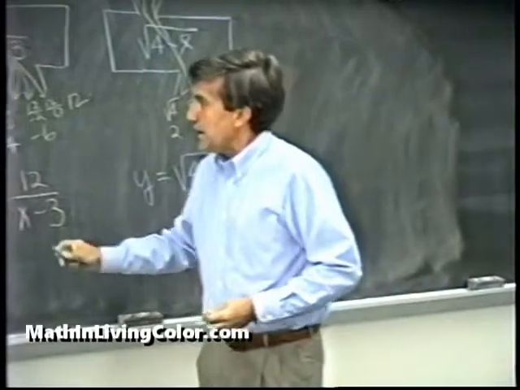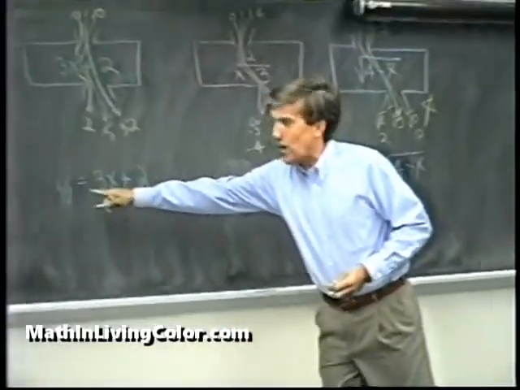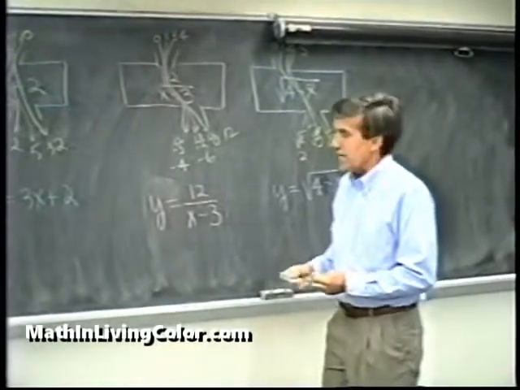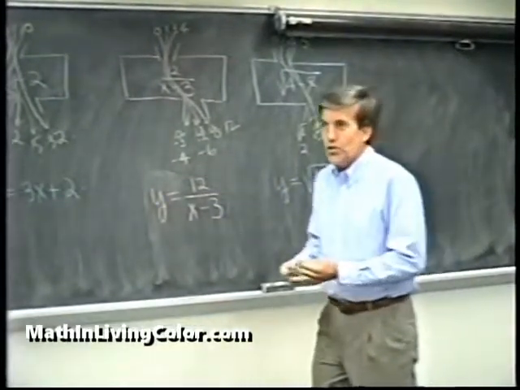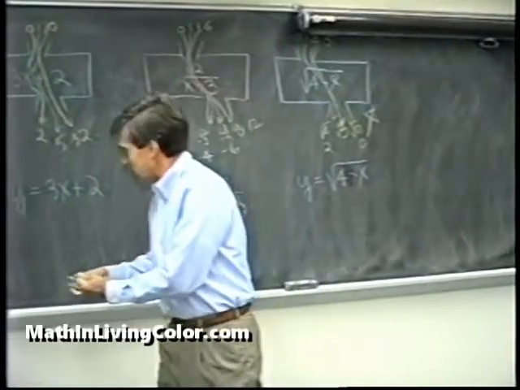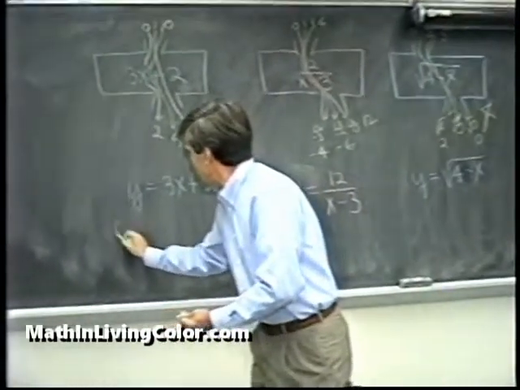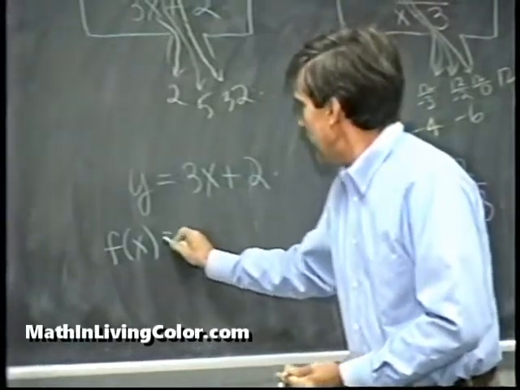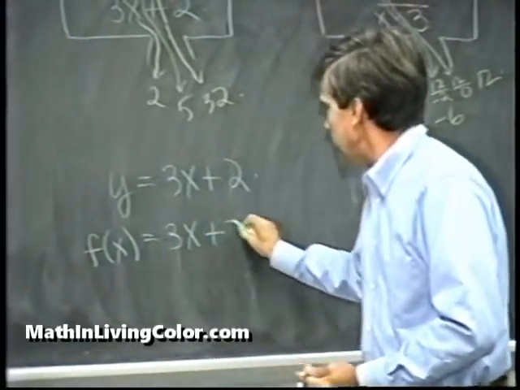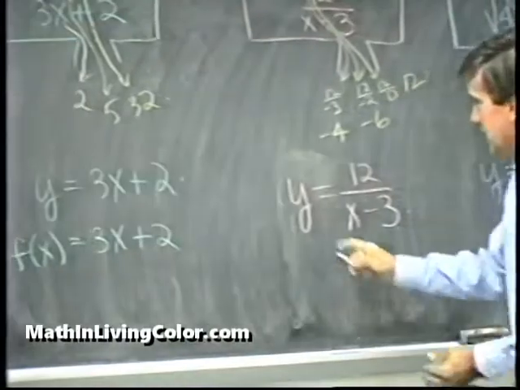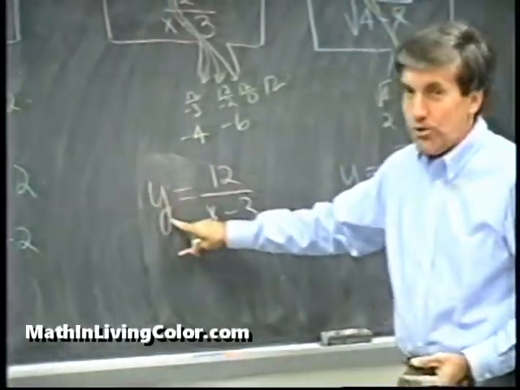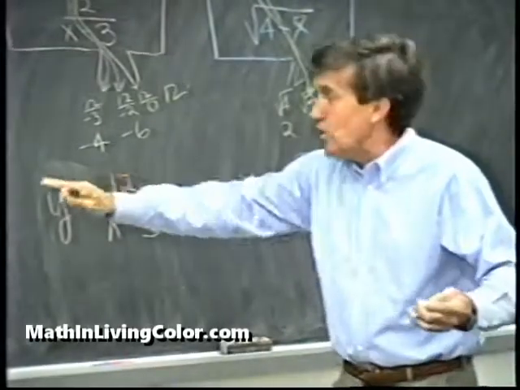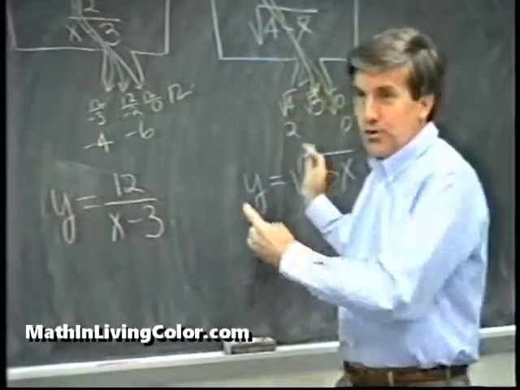Sometimes instead of writing y equals, we use a notation called functional notation. We'll write this: f of x equals 3x plus 2. Or we might write some other letter besides f, especially if there's more than one equation involved in a particular setting.